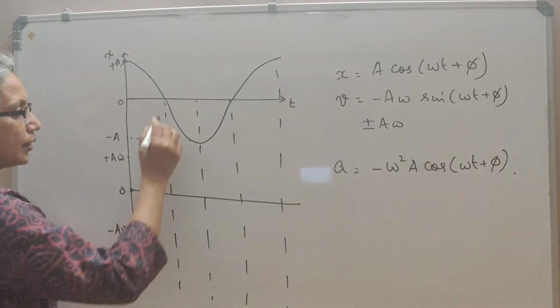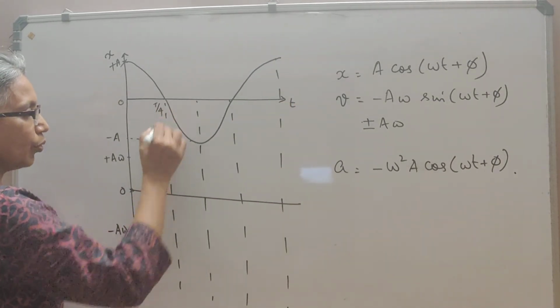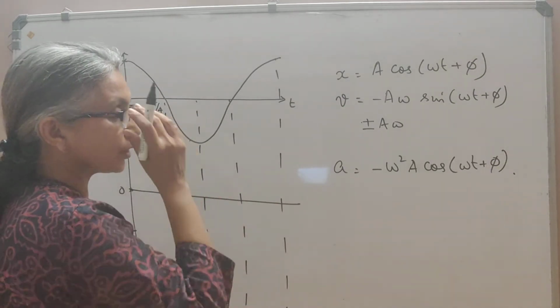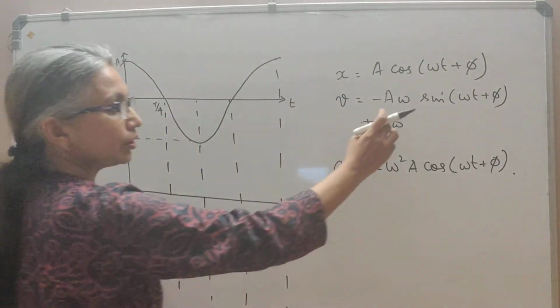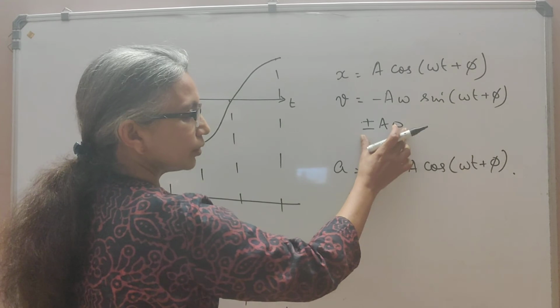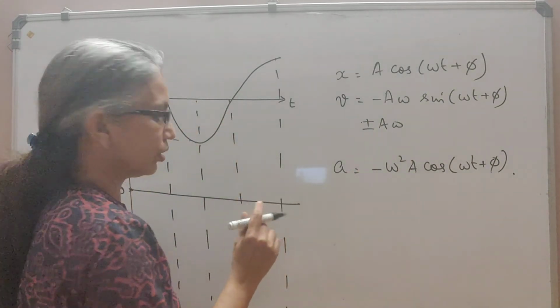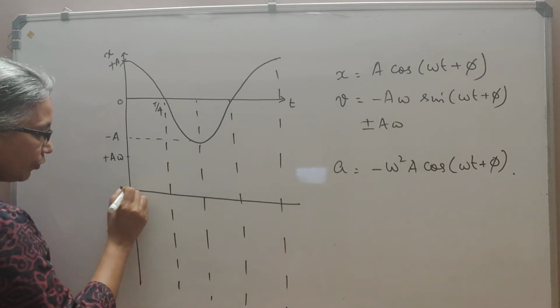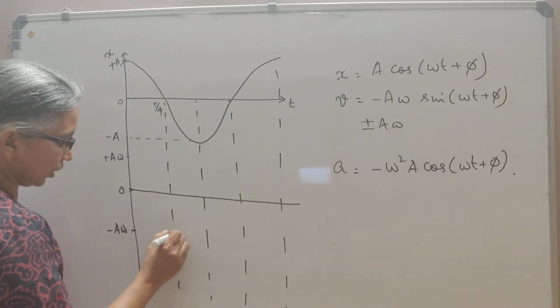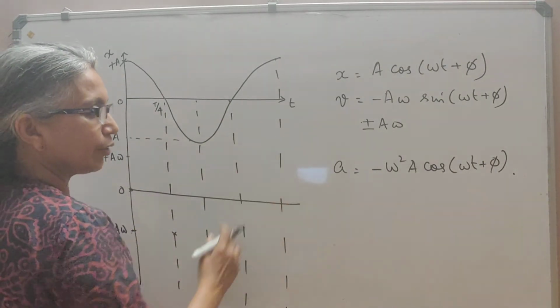And at T/4, which is sin(π/2), this will take the value -Aω because sin 90° is 1. So from here it goes on to the minimum at T/4.